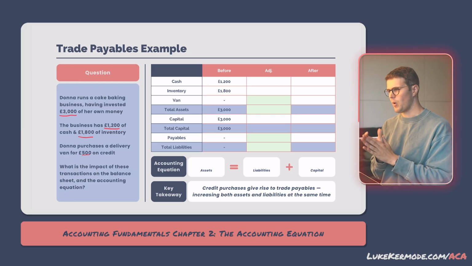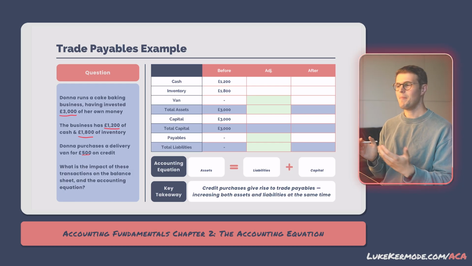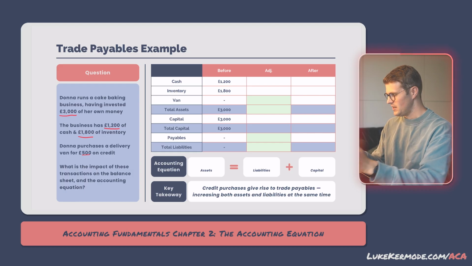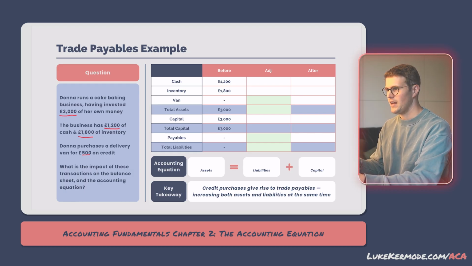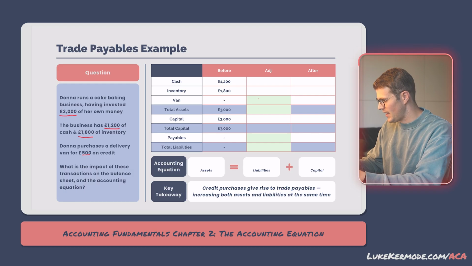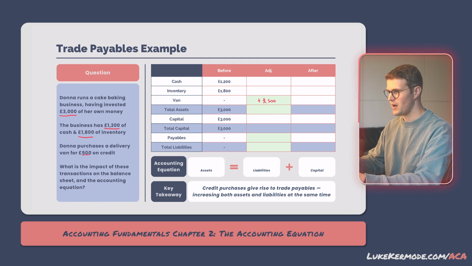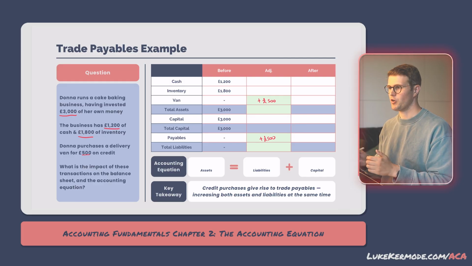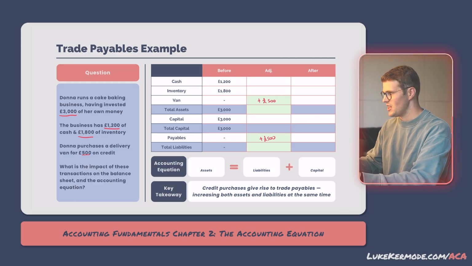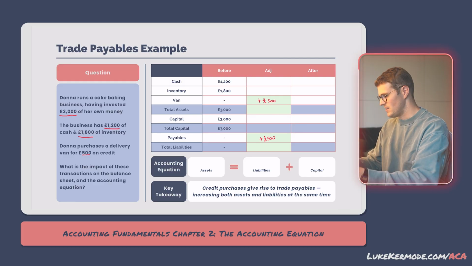So the question we need to answer is, how does this transaction impact the balance sheet? Well, the transaction is going to increase the business's assets because we're introducing a £500 van into the business, but at the same time, it's going to create a trade payable of £500, which is recorded as a liability, the amount the business owes to the van's supplier.